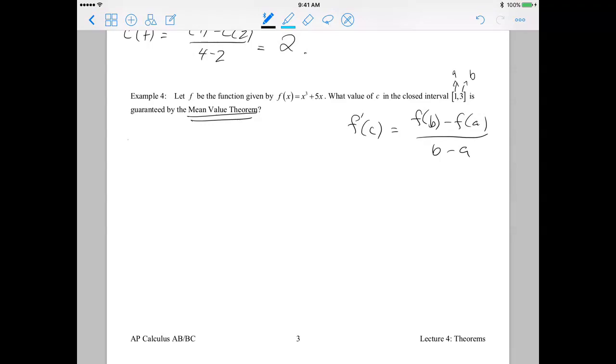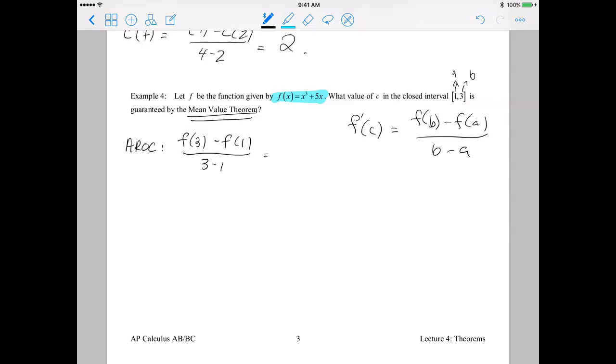So the first thing I'm going to calculate is, what is the average rate of change? Okay, well, the average rate of change is going to be f of 3 minus f of 1 divided by 3 minus 1. So the question is, how do I find f of 3 and f of 1? Well, the function is given to me right here. So I just need to substitute in 3 and 1 into the function so that I can get the value.